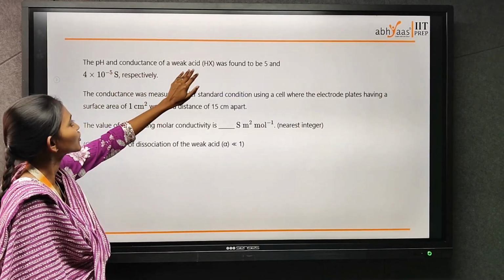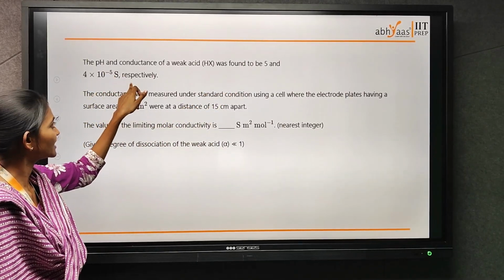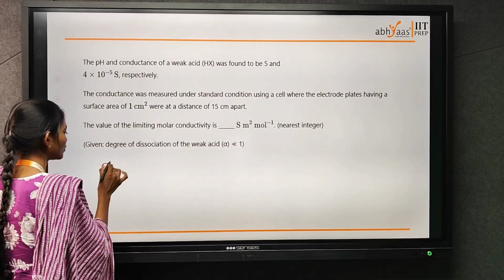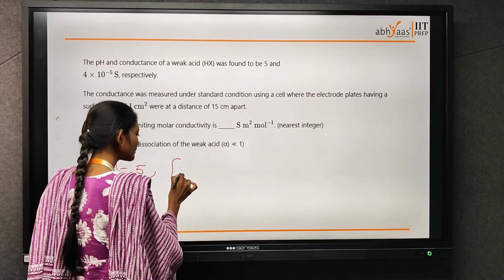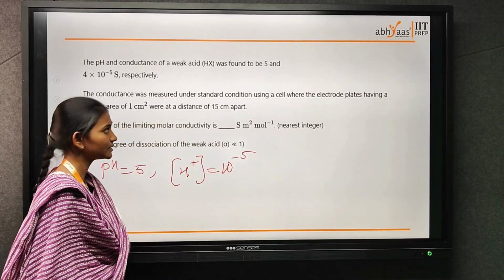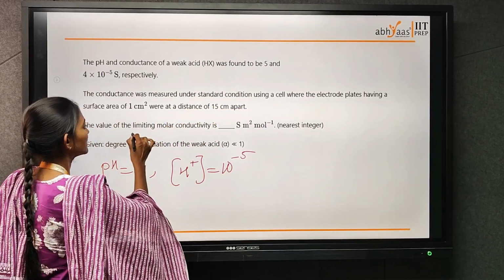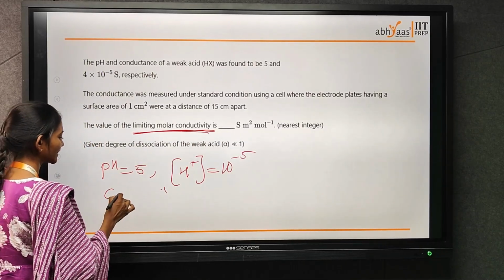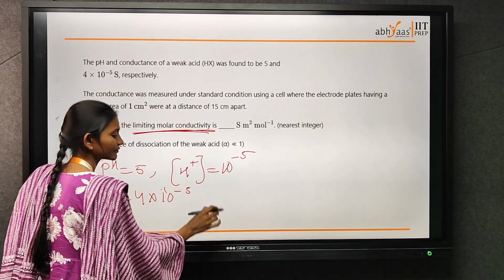The pH and conductance of a weak acid were found to be 5 and 4 into 10 to the power of minus 5 S respectively. So see here, pH will be 5 and the concentration of H plus means 10 to the power of minus 5, right? So the conductance was measured in standard condition. They are asking for limiting molar conductivity, right? So they have given your conductance G is equal to 4 into 10 to the power of minus 5, right?